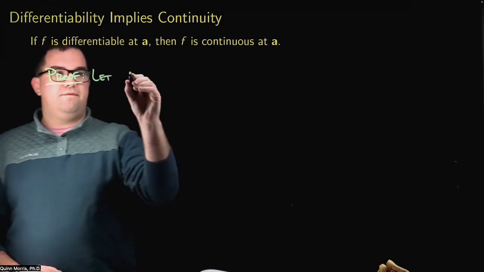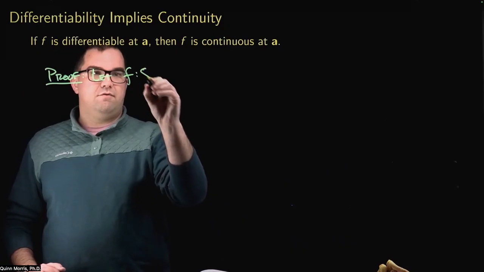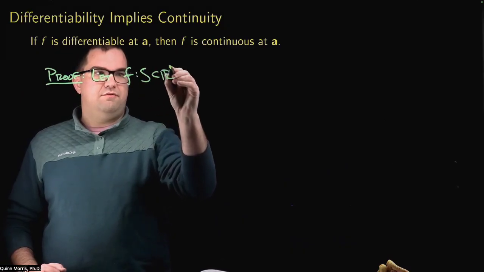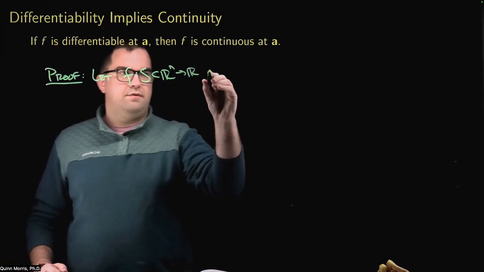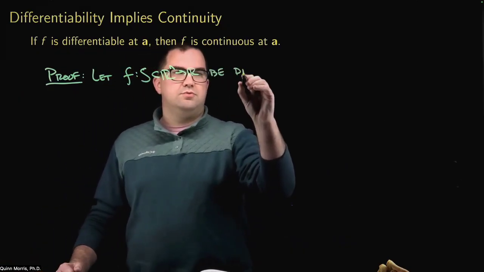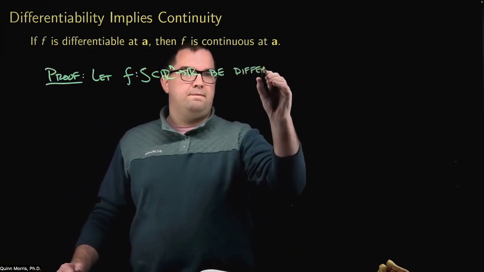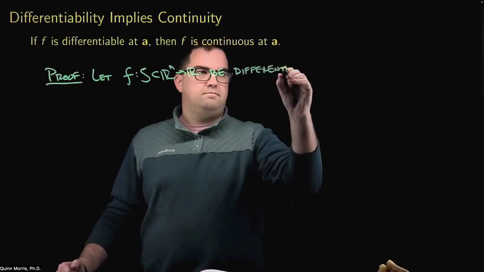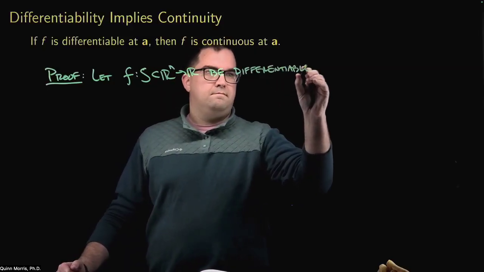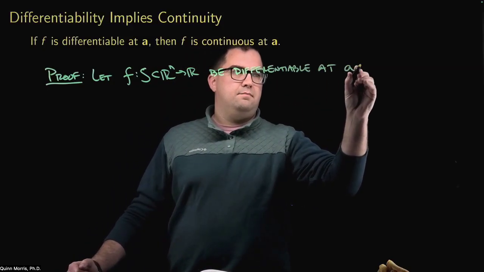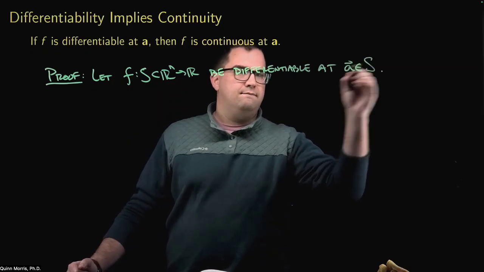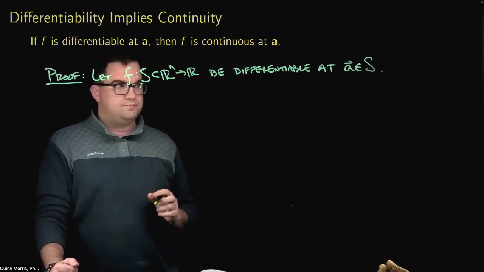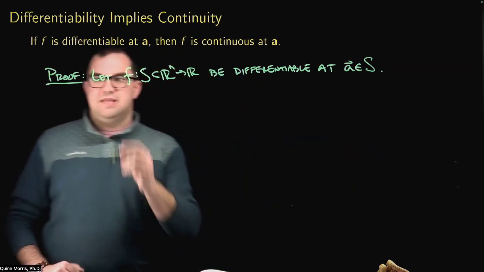So let f from S, which is a subset of Rn, into R, be differentiable at some point A in the domain. Well, what does that mean?